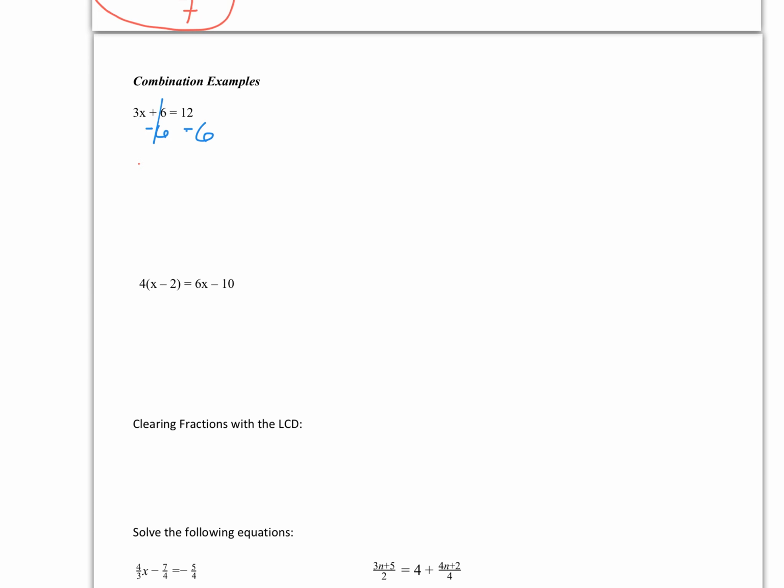We're left with 3x on the left, and that's equal to 6 on the right. From here, 3 times x tells us we can divide by 3. That gives us x, and 6 divided by 3 equals 2.